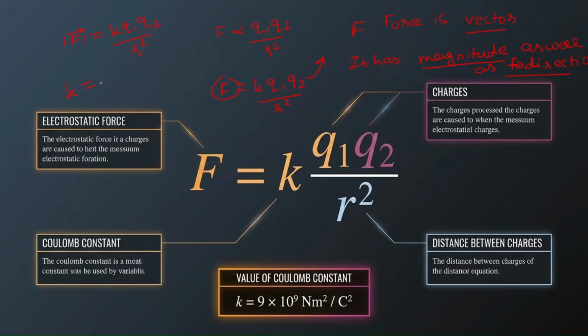Before talking about the value of k, what is k? k is equal to 1 upon 4 pi epsilon naught. Here, what is epsilon naught? Epsilon naught is the vacuum permittivity.